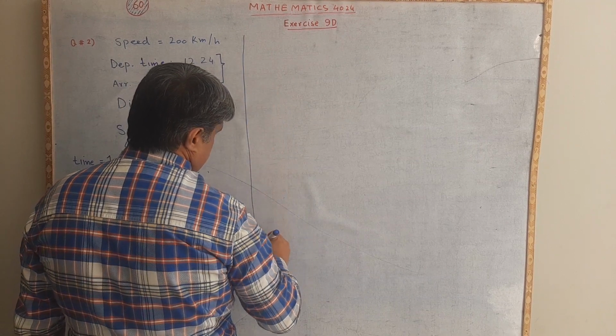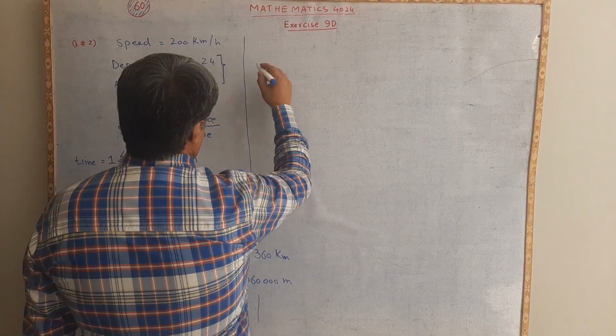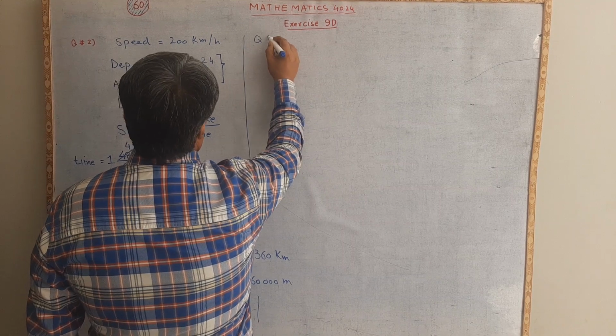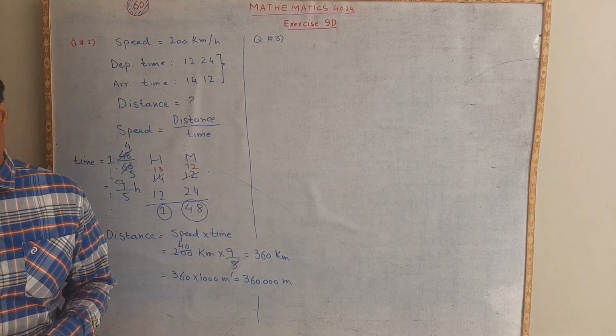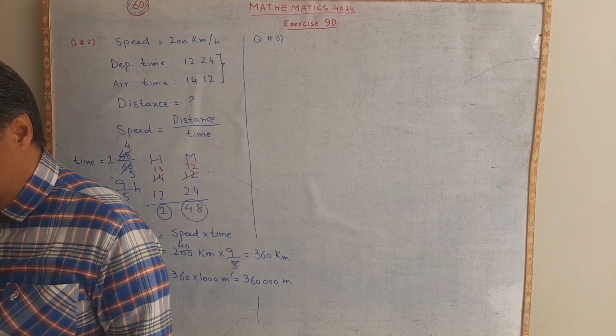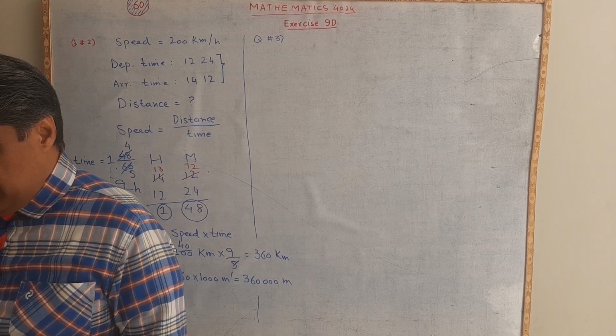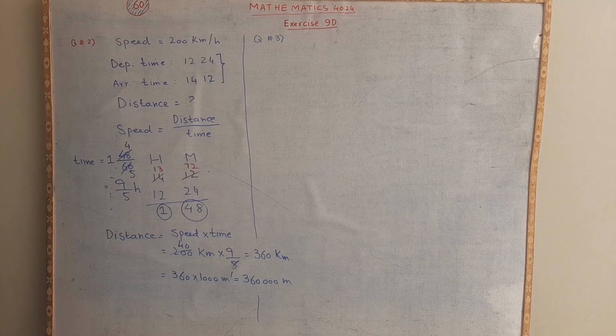Now we are coming back towards the conversion, which is very important in my mind, that is how to convert. Questions are coming in the exam like this, to convert one thing into another.